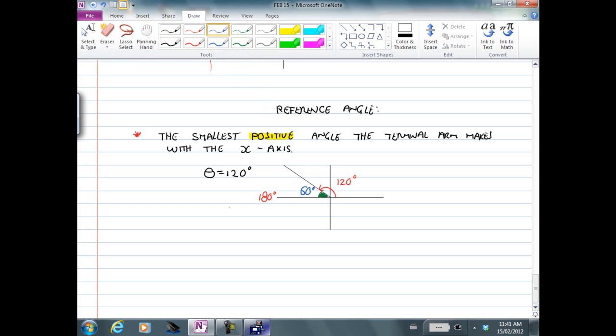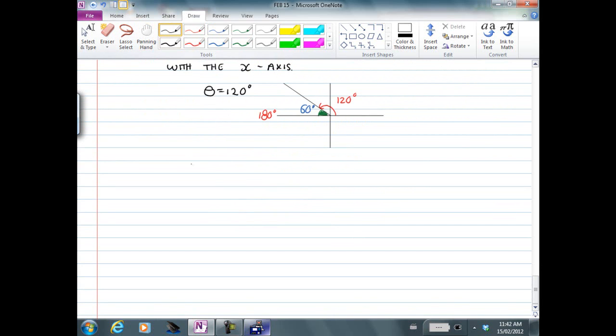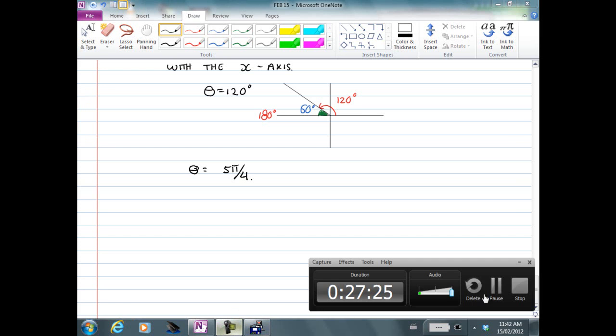The faster you are at figuring out what quadrant you're in, the easier the reference angle becomes. Let's try it with radians instead. Again, the key is to understand how the radian system works. Theta equals 5 pi by 4. What's your reference angle? Look what I'm going to do. I'm going to draw a quadrant.